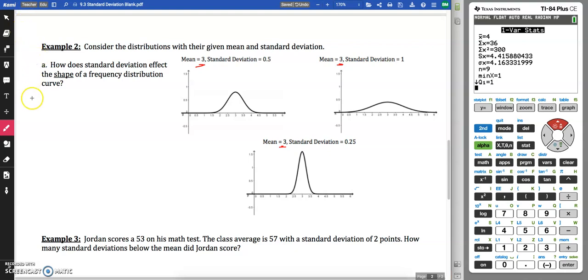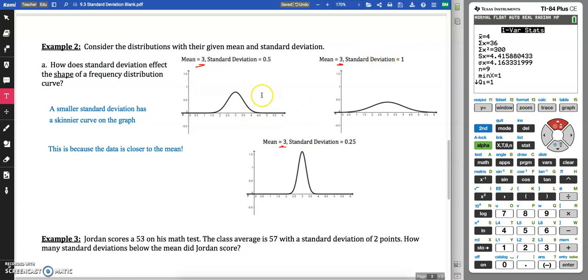Okay, so here's what I was thinking when I looked at these graphs. I noticed that the smaller standard deviations had a skinnier curve, and a larger standard deviation was a little bit flatter, kind of a wider curve.